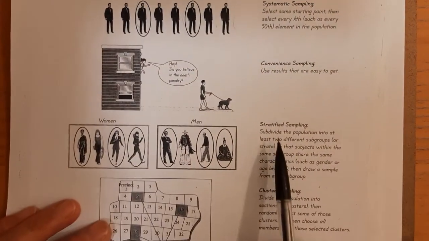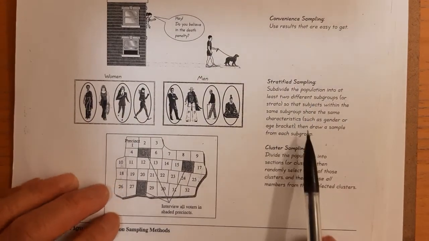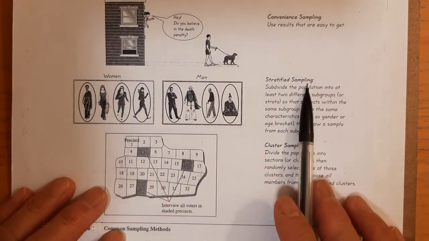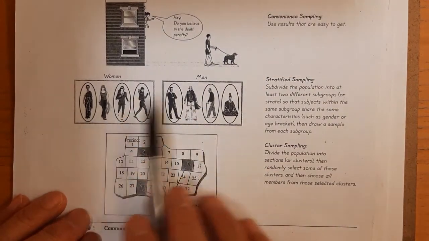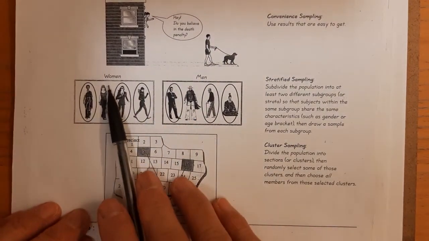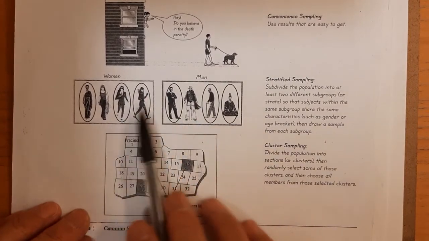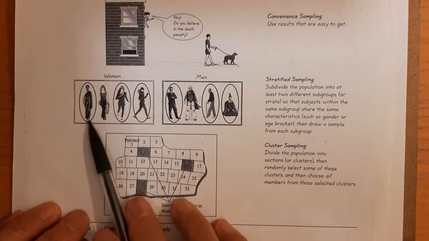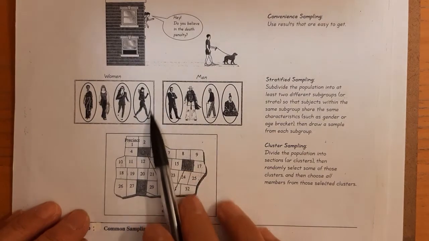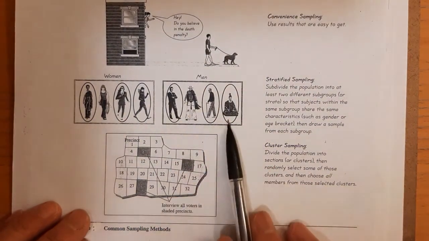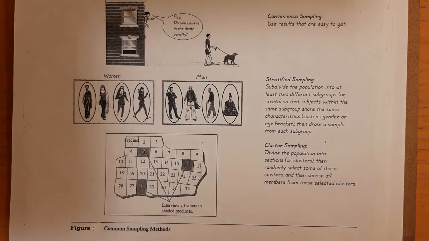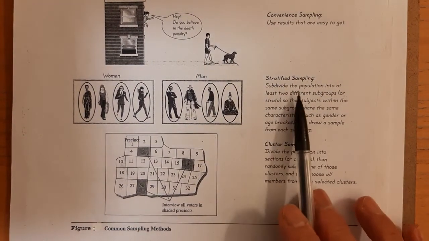The next, stratified sampling, is population divided into subgroups like this, men and women, 2 subgroups, and randomly selected partial from each subgroup, from every subgroup, randomly selected equal amount of elements. And that's what we call stratified.